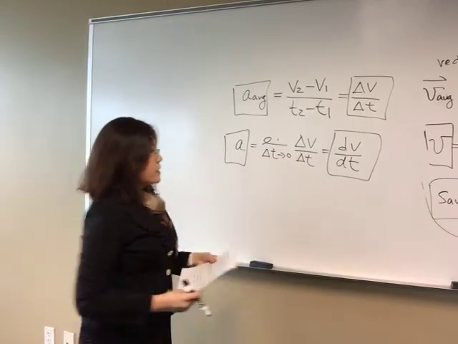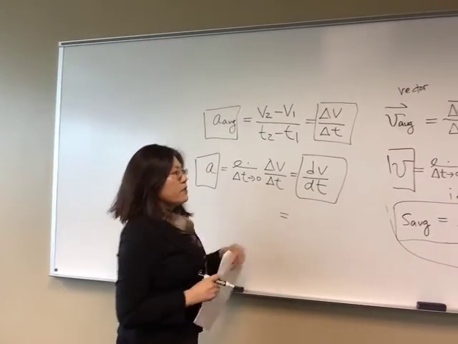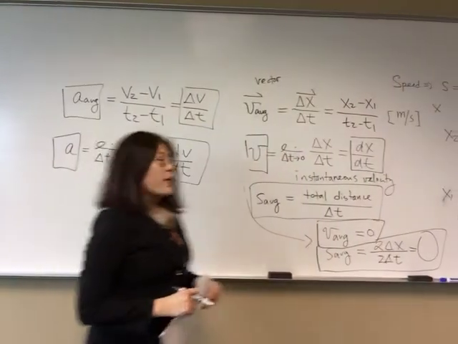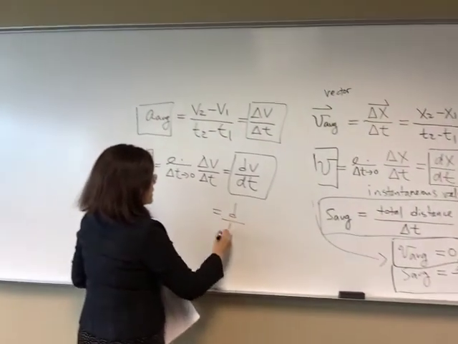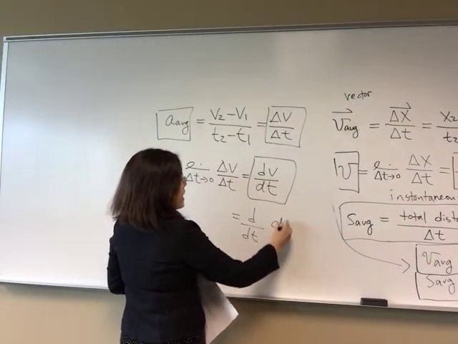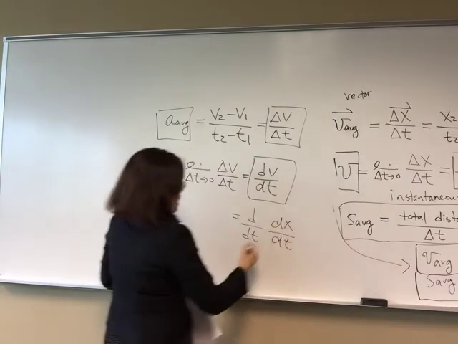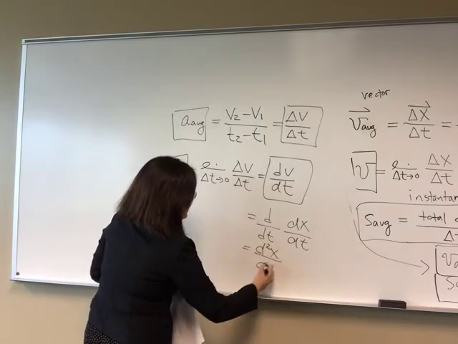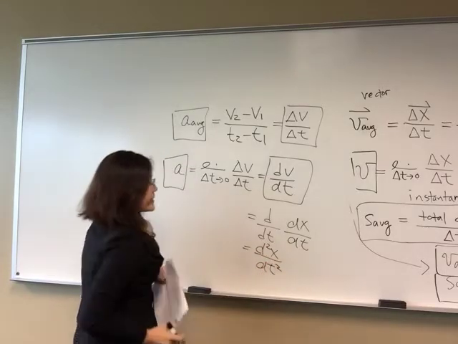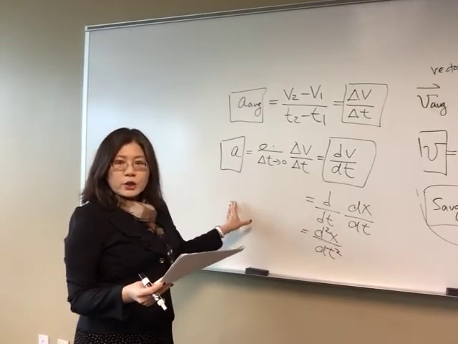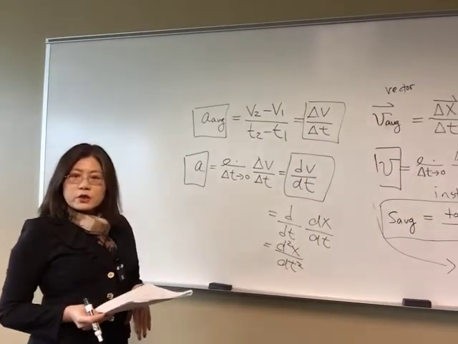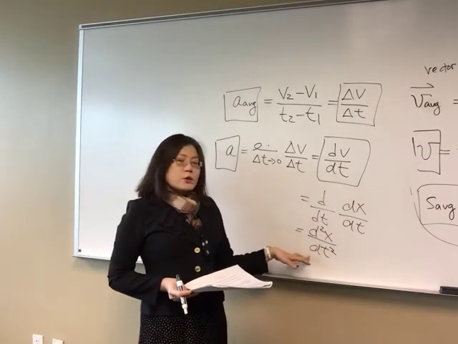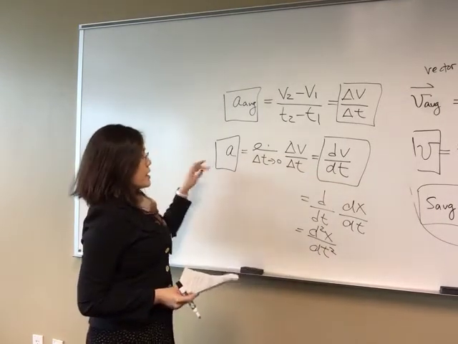If we replace our v with this expression, you have d over dt of dx over dt, which is d squared x over dt squared. What does that mean? It means that acceleration is the second derivative of position versus time, and the first time derivative of velocity versus time. That's the difference.